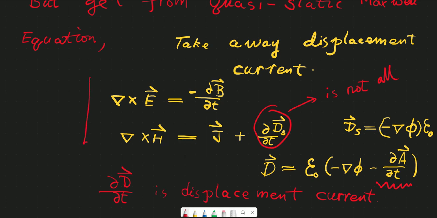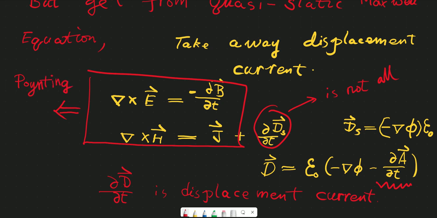That means from this we can also get a derived cross Poynting series.